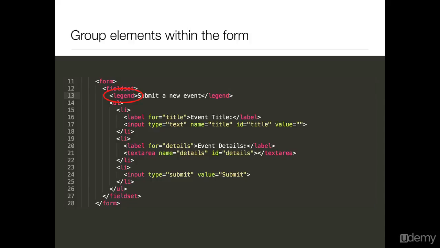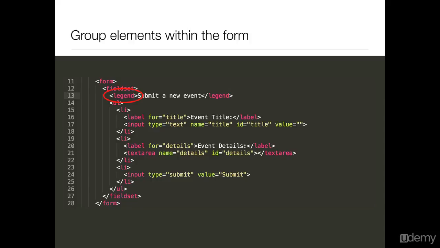So you can divide up and partition the form and have legends associated with each subcomponent of a complex form. So field set really comes into its own when you've got a complex form with semantically distinct areas which you want to associate a legend with.